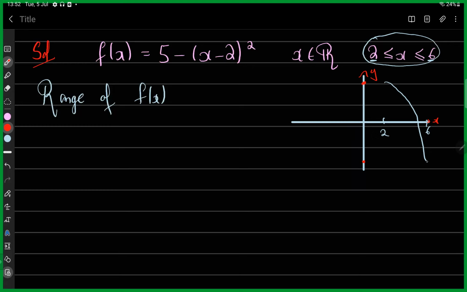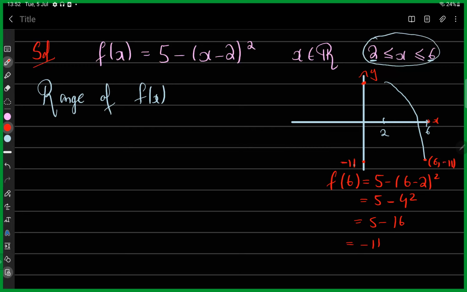At this point, the x coordinate is 6. What about the y coordinate? To find it, I will do f of 6, which gives 5 minus (6 minus 2) squared. So it's 5 minus 4 squared, 5 minus 16, and this gives minus 11. So the y coordinate of that point is minus 11.